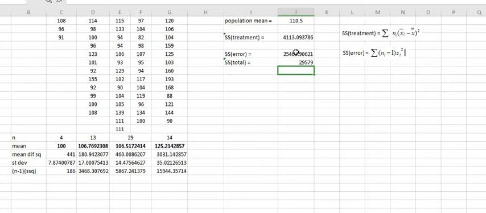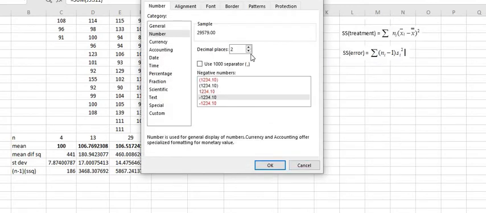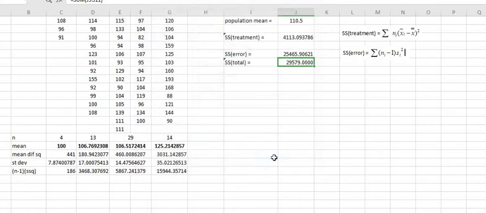That is our SS total. We just count. Why is it that there's no decimal for this one? Anyway, okay lang. Decimal na. Format cell. And then number, decimals. 4 decimals. Ayun. Whole number siya.